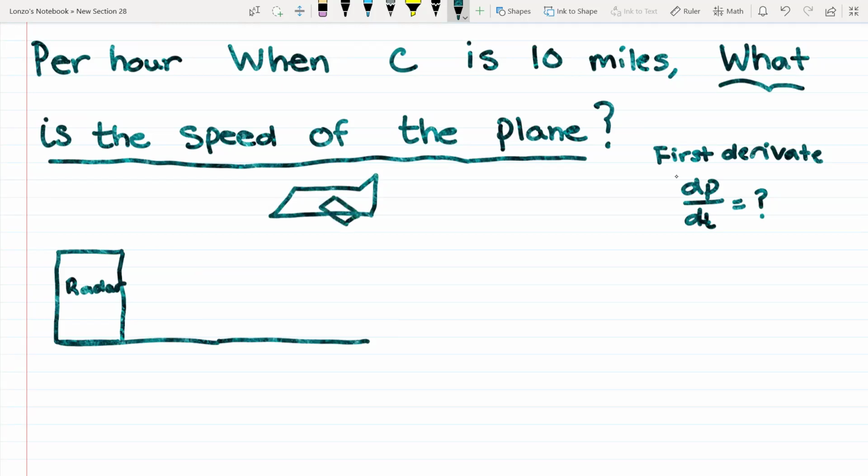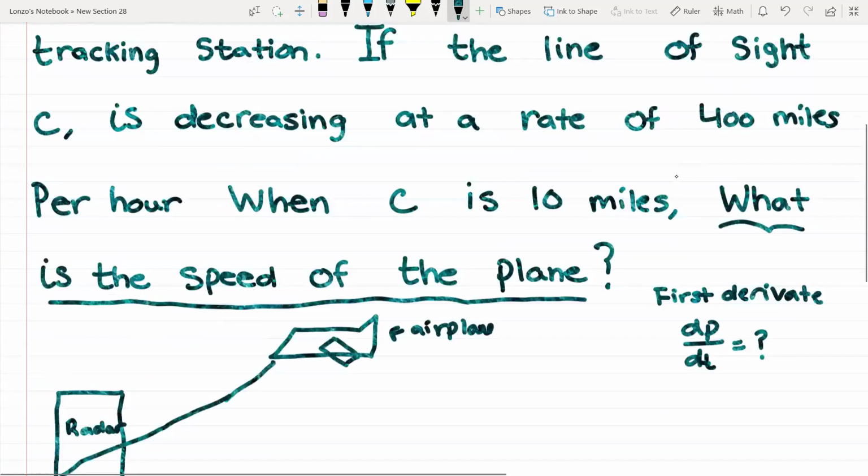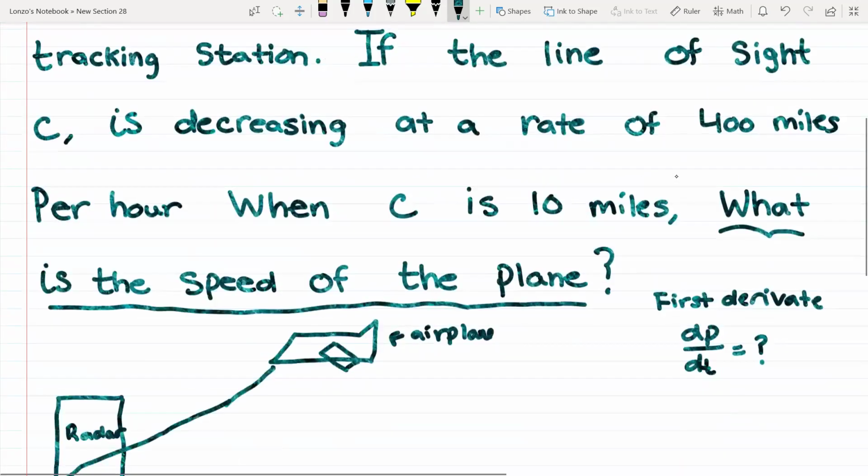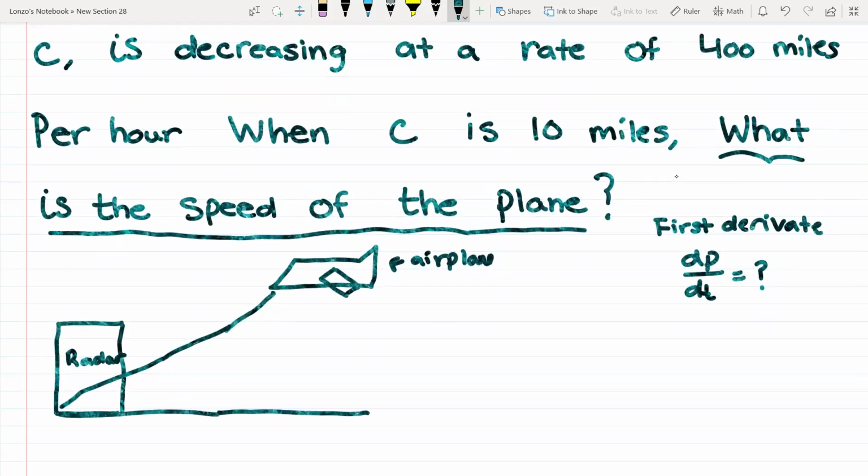Okay, so here's the airplane, and it's slowly decreasing, going downhill until it lands, right? So the line of sight is c. If the line of sight is decreasing, which is true, it's going downhill. So this is the line of sight, c.